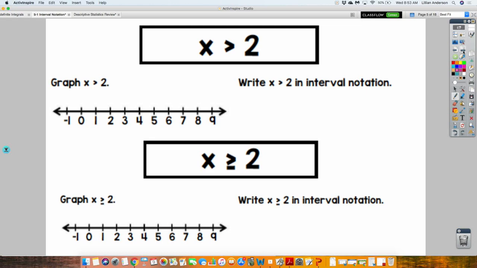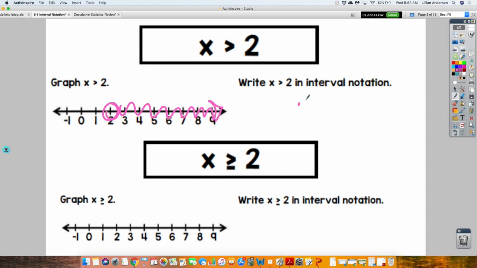Let's look at this one. X is greater than 2. I go to 2 and I'm putting a what? An open circle, and I'm shading what way? To the right. So when I write this in interval notation, to represent the part of this number line that was shaded, what's the number to the left? 2.